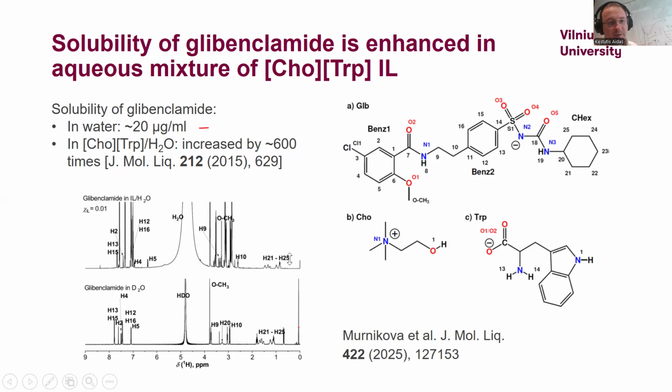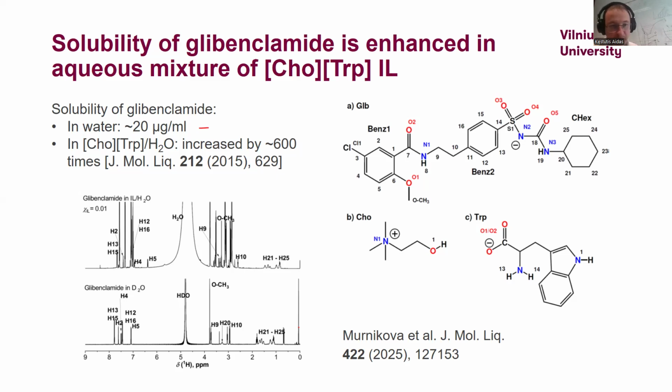So this is the spectrum on the bottom here, and then they also measured the spectrum of glibenclamide in this aqueous mixture of choline tryptophanate. And it's maybe difficult to see here, but there are really differences here. The entire spectrum in the ionic liquid is shifted in one direction. I think it's to the smaller values of chemical shifts, but it's not a uniform shift.